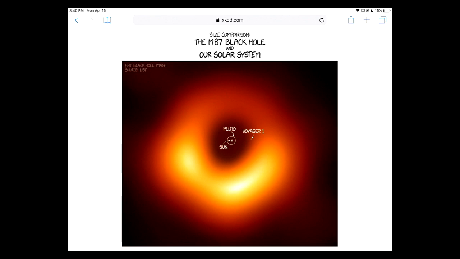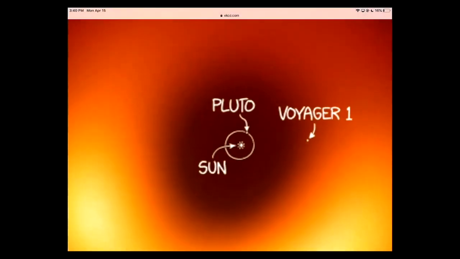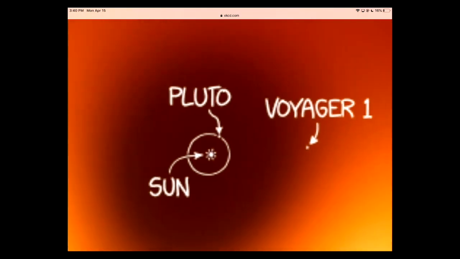But maybe you didn't get a feel for how big the black hole was, so that's why I'm showing this one. Notice inside here, this is our sun in the orbit of Pluto sitting inside the black hole itself, inside the event horizon, and Voyager 1 sitting out there, which is like the farthest we've had any probe go from our solar system. That's just depressing in a way, don't you think?